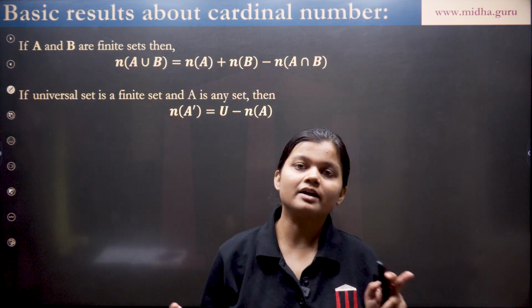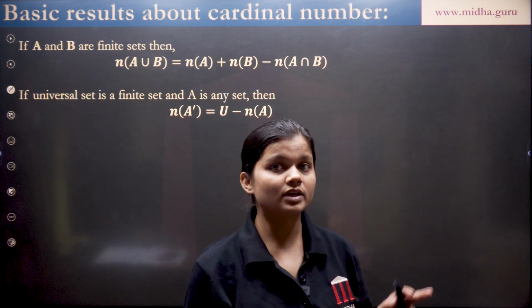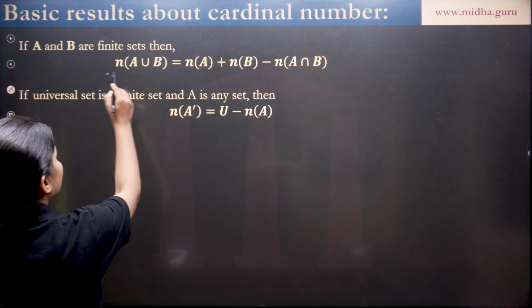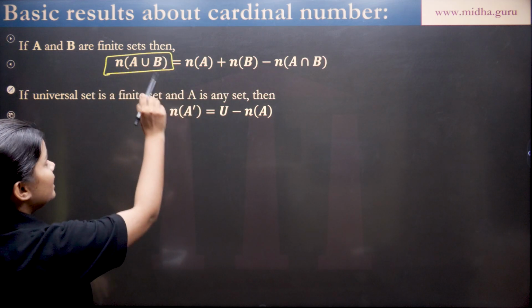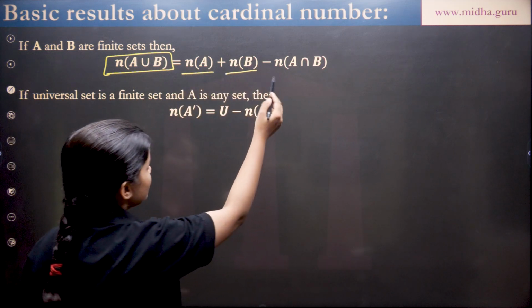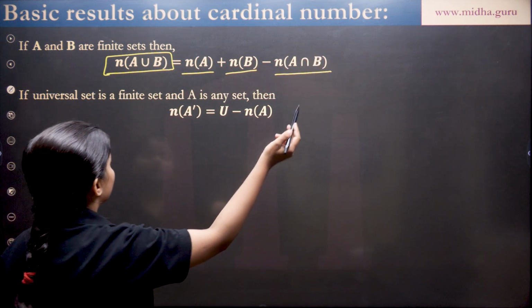Next, some basic results about cardinal numbers. We have learnt about cardinal numbers, that is the number of elements present inside the set. There are some basic results regarding the cardinal number. First is n(A union B) is equal to n(A) plus n(B) minus n(A intersection B), right?